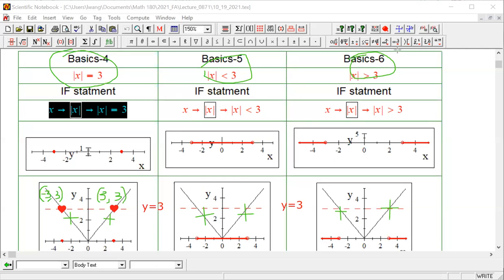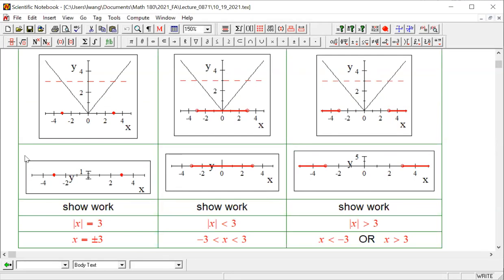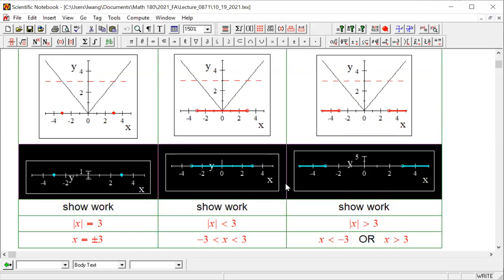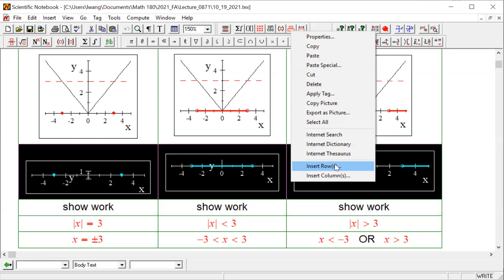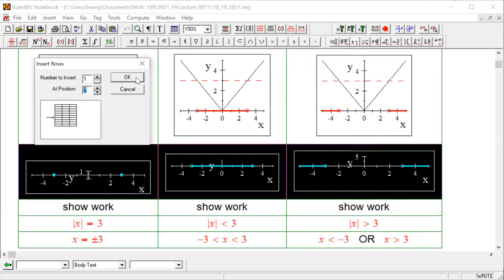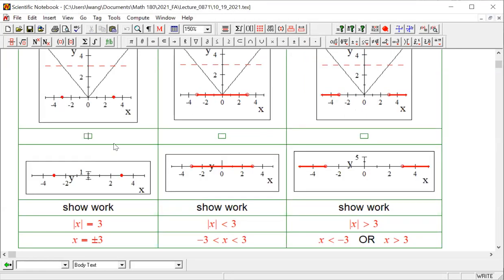With that said and done, a lot of our students who have done this can also show us the interval solution, which is very nice.